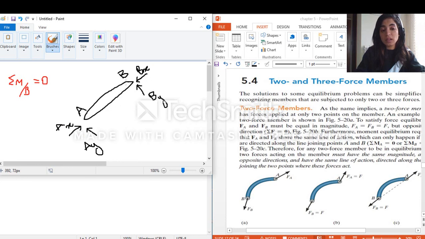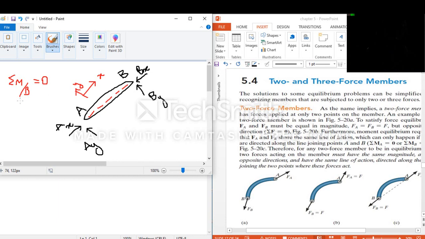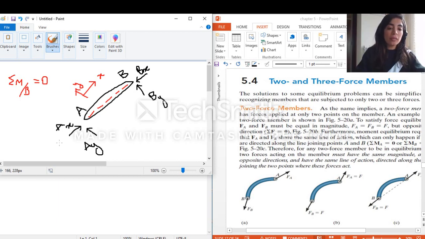Don't forget, guys, that AX is along the x-axis, and I'm finding the sum of moments around B. Since this is X and this is Y here, they are a little bit rotated. Okay, so AX is also passing through B, which means that I will only have the moment of AY.